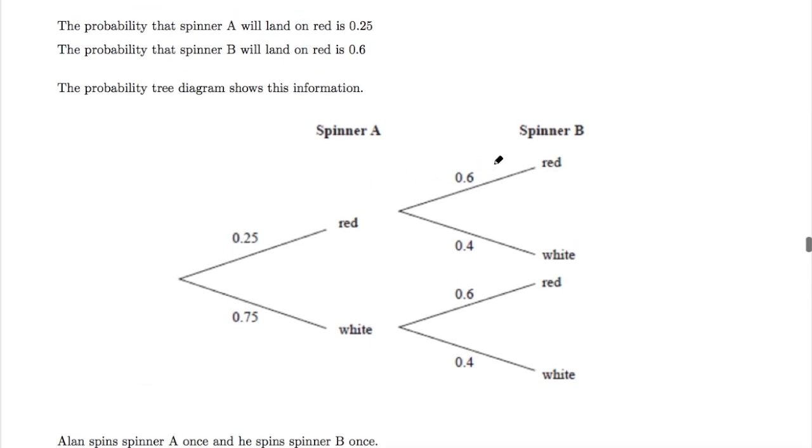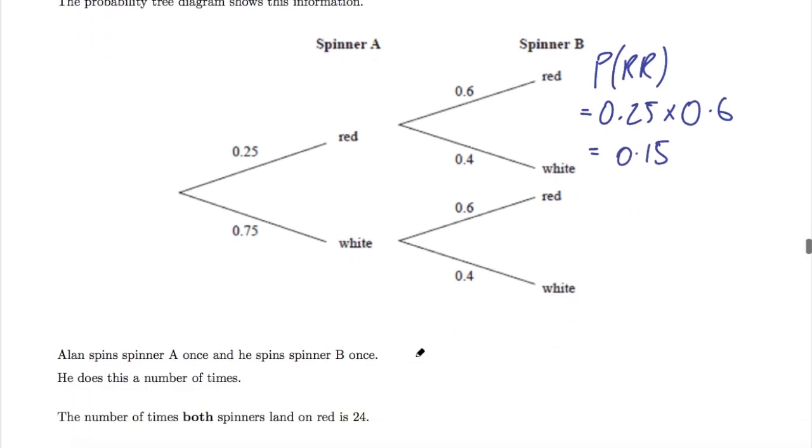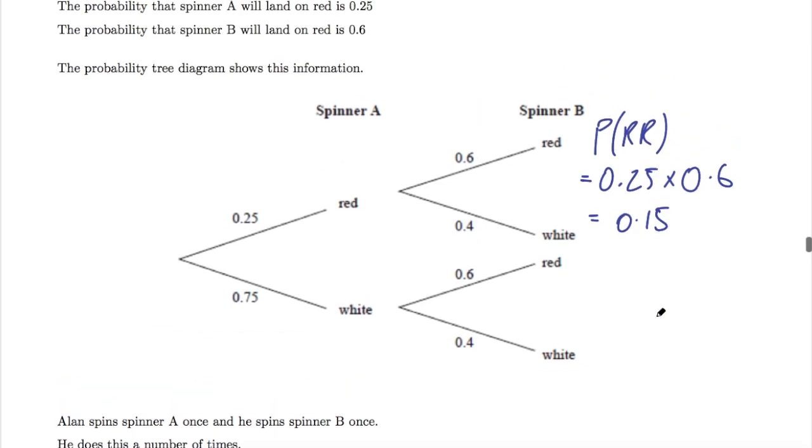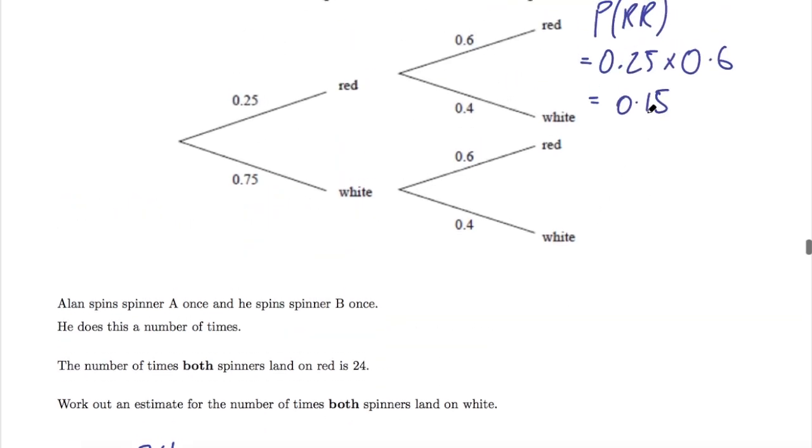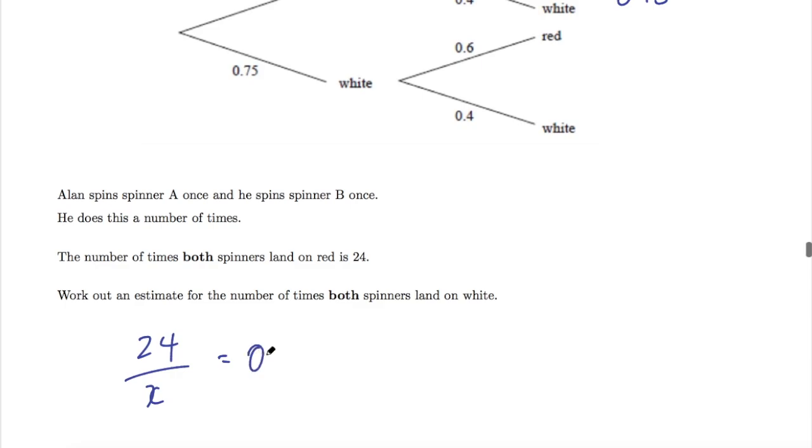We can say the probability of it landing on red twice, probability of red and then red, must equal 0.25 times 0.6. And that gives us a probability of 0.15. If it landed on red 24 times, 24 over the number of times he spun it must equal this probability, 0.15.